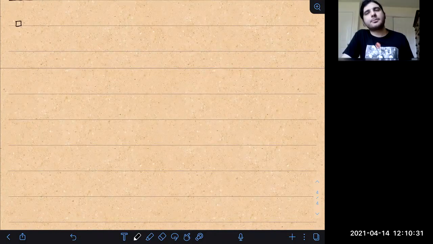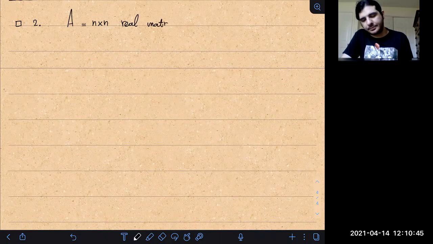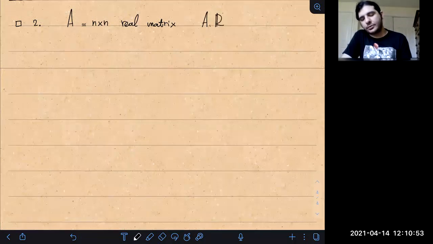Okay, so the question I would like you to think about for a few minutes is this one. Suppose A is an n by n real matrix. We can think about this matrix as a linear map from Rn to Rn, right?